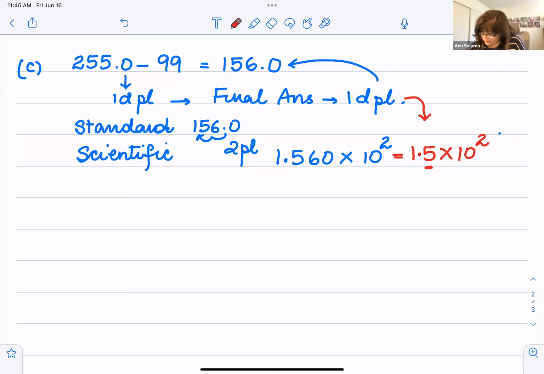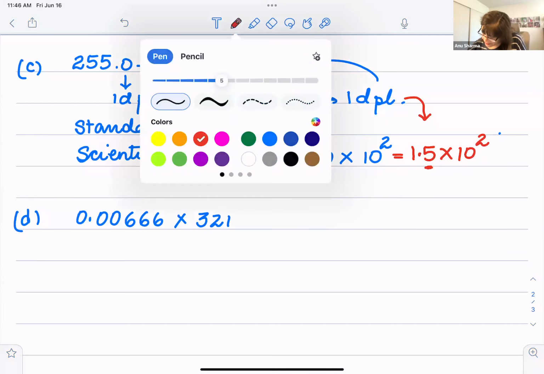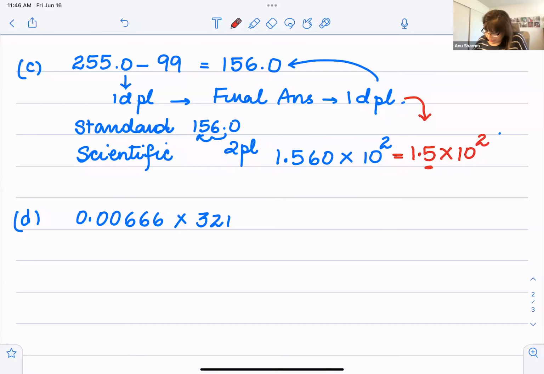All right, next look at this one, D. D is 0.00666 times 321. So here you see you have multiplication.